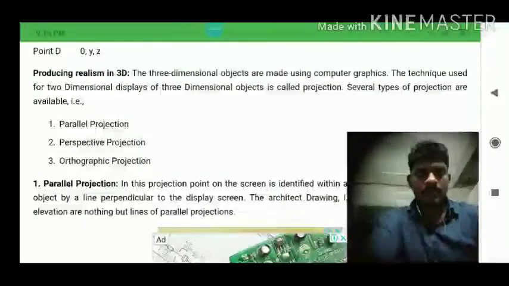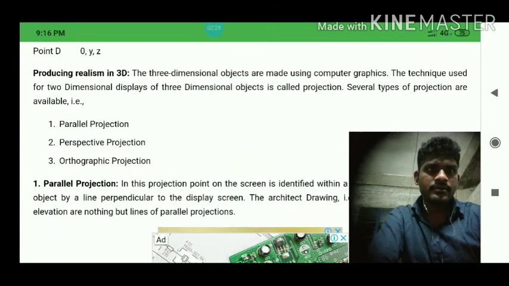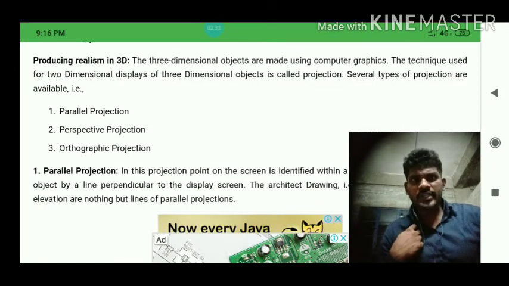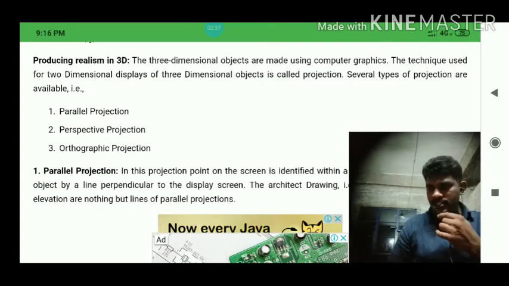Now, as per our syllabus, I am going to discuss projections in computer graphics. Before starting projections, I want to give the definition of projection. What is a projection?